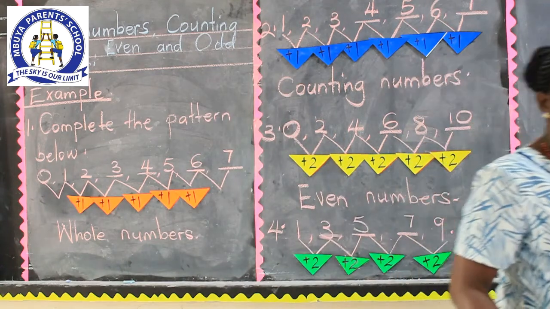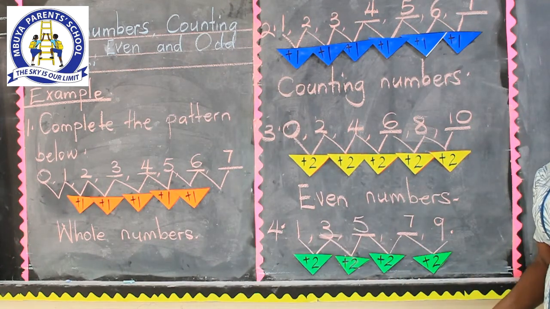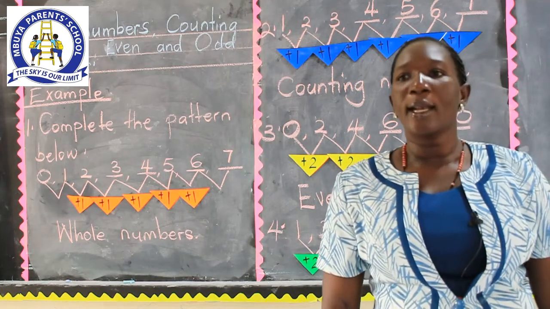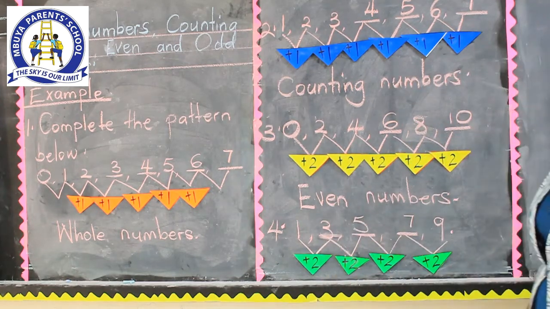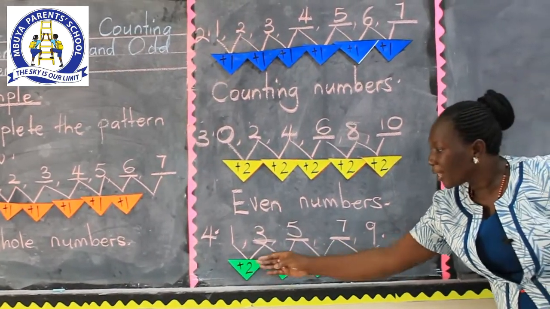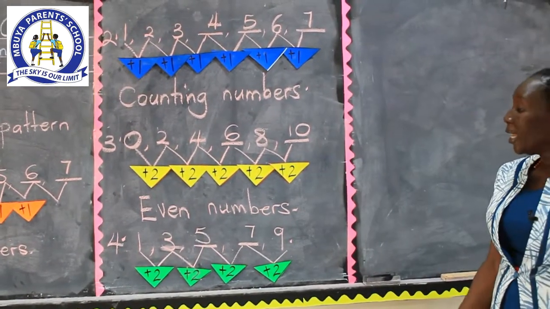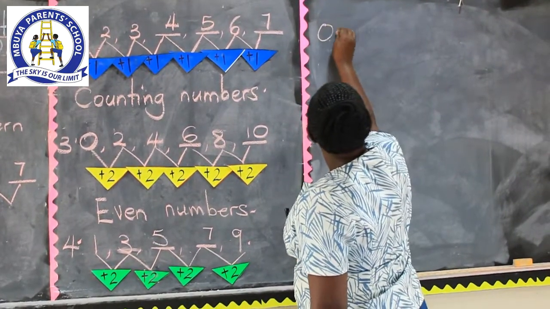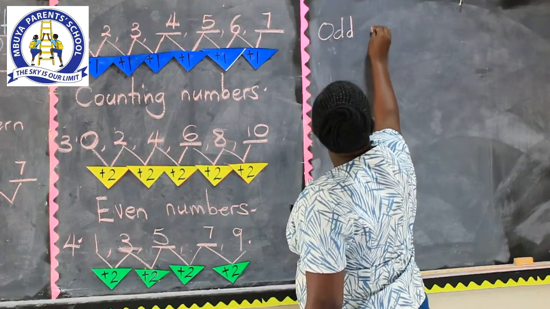When you recall, we looked at odd numbers and we said odd numbers start with 1. And here we've seen the pattern is 2. We are adding 2 to get the different odd numbers. So naming this, we shall say they are odd numbers.